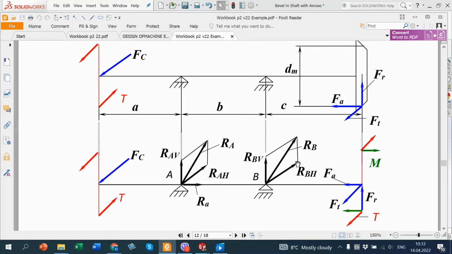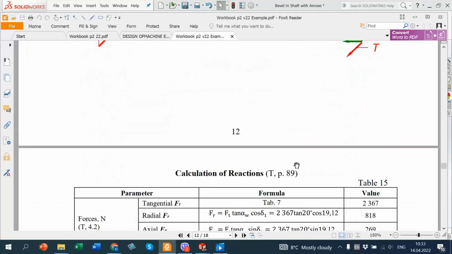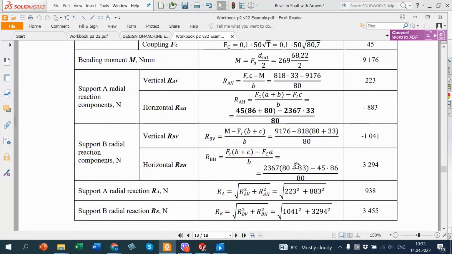But minus means that we have direction opposite. B vertical and B horizontal.